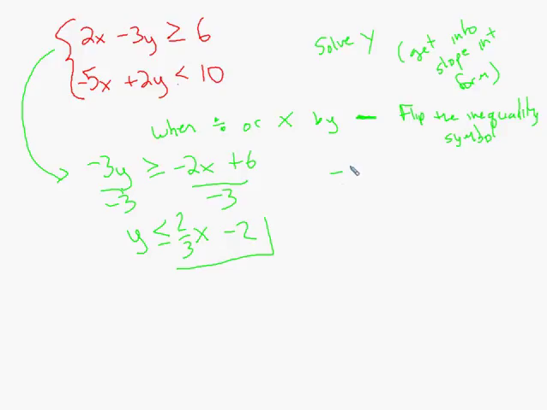Okay, let's try -5x plus 2y is less than 10. No, I'm trying to check. Oh, you want to know that part? You know that part. Do you want to check these? So like if I want that one.